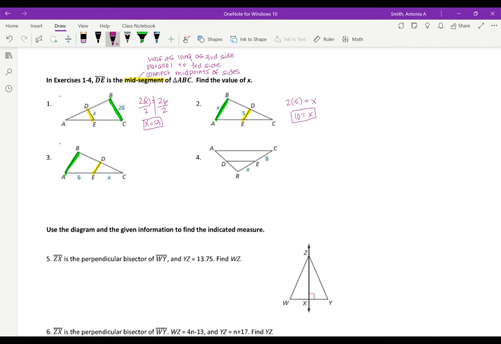But a midpoint is the exact middle, so it cuts it in half. So that means that E right here is the middle of AC, which means that this side right here, AE, is equal to EC, which means that x equals 6, because those are the same size, right? Just like over here, these are the same size.